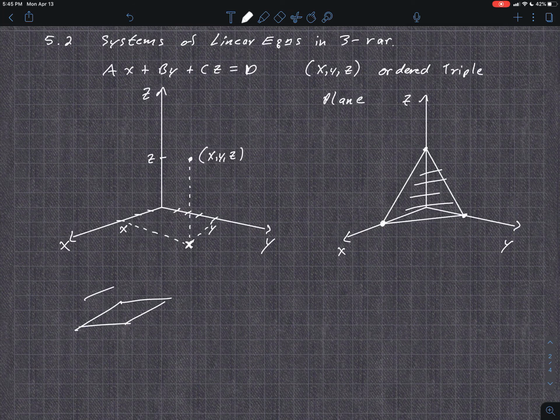I'll try to draw these parallel. Parallel planes may not intersect, or you're going to have a plane, and then the intersection is going to come down like this and intersect in a line. So this might be another plane, and that intersection is a line.